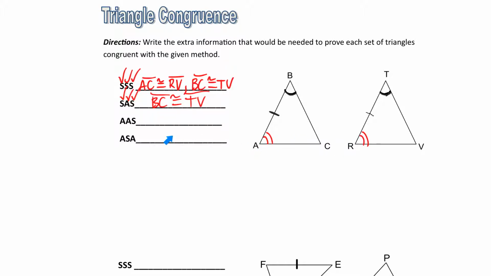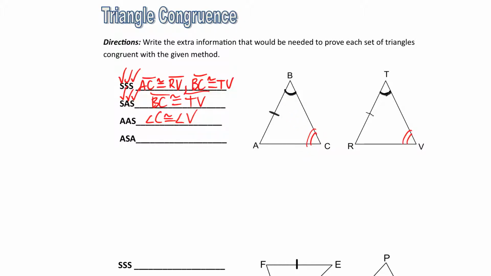So would A and R be for AAS? Nope. Okay. So for AAS, what do I need? Yeah, I need to know this and this right here. So I need to know that angle C is congruent to angle V. Because if you'll notice here, with angle angle side, on this one, this side is not directly between the two angles.